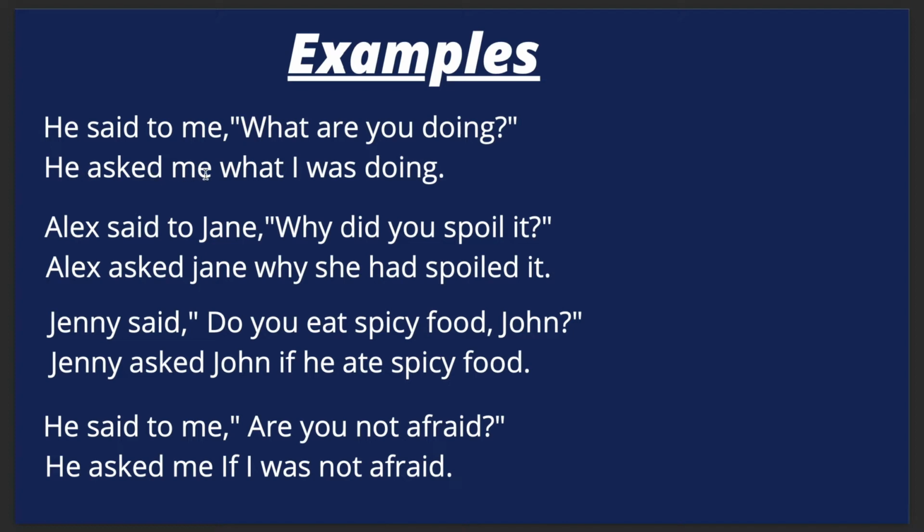Now the inverted commas, which in assertive sentences we replaced by the conjunction that, in case of a question are replaced by the same question word. That is, what is used here. The rest of the changes remain the same. So he asked me what I was doing.